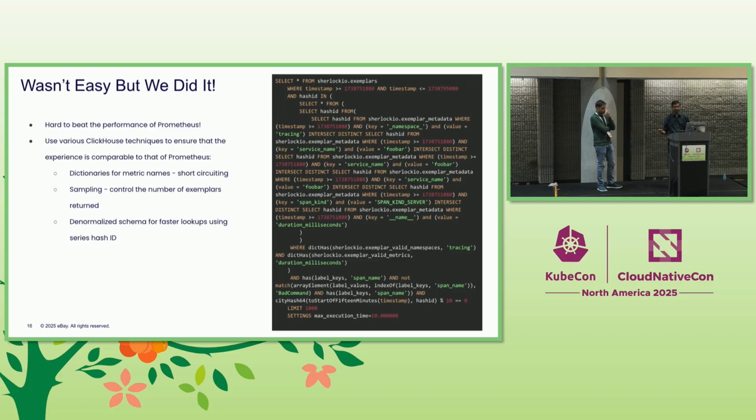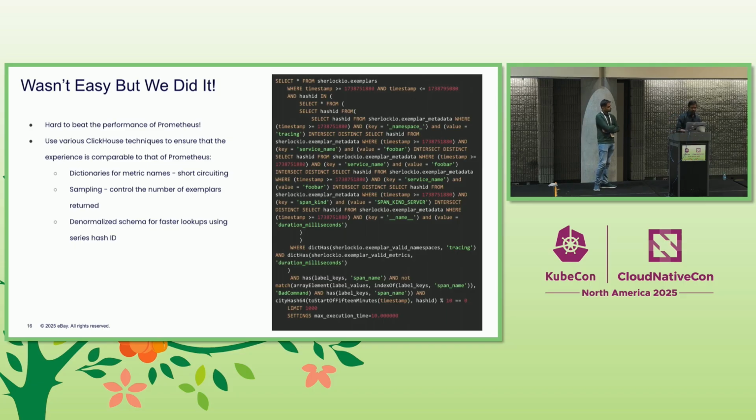Performance characteristics might vary, but one of the things that we have always seen in our installation is that performance characteristics of Prometheus are phenomenal, and it's very hard to beat because it's very, very purpose-built for time series being queried at scale. And as a result, when we first tried putting this whole thing behind ClickHouse, the queries were several seconds slower than what query exemplars API was in Prometheus.